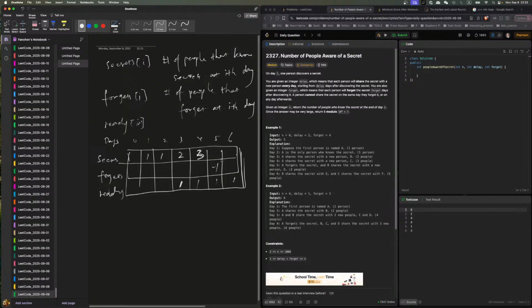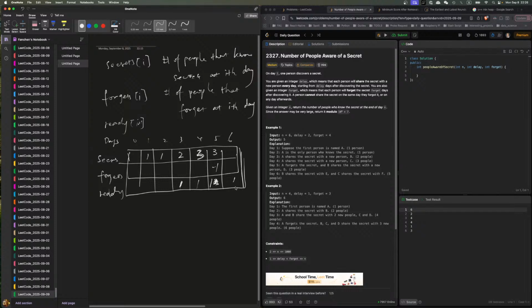Right. So okay, now we say ready, we shall have 2 people ready, right? But we have 1 forget, so this is actually only 1, right? And then we'll add all these together, so this only have 3 people, because you add 1, but you also need to remove 1. So the ready need to remove 1, secrets need to remove 1, so only have 3.